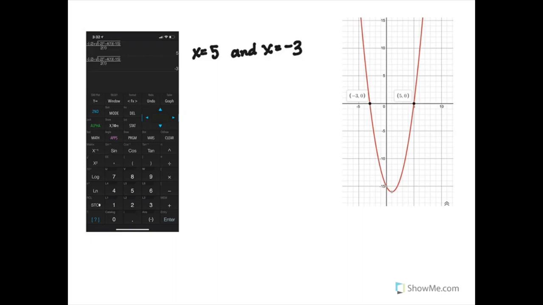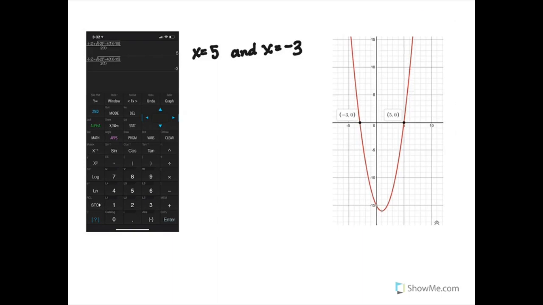And basically we just did a whole lot of work to find what we've already learned how to find before on our graph, right? So if this were, you don't have this on your paper, but if you were to graph the equation that you were working with right now, and you look at where the graph of the equation intersects the x-axis, you will see that it intersects at -3, 0, and 5, 0, which is the same thing that we got.